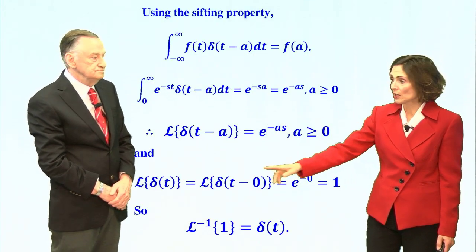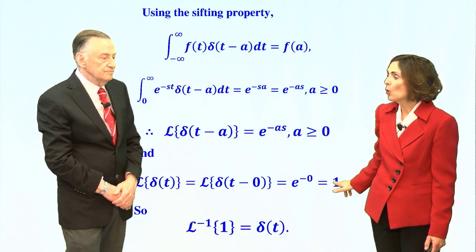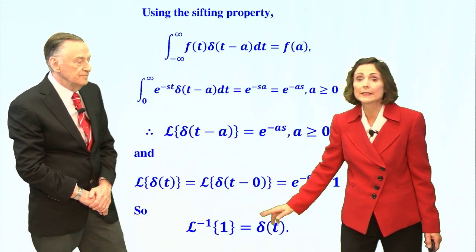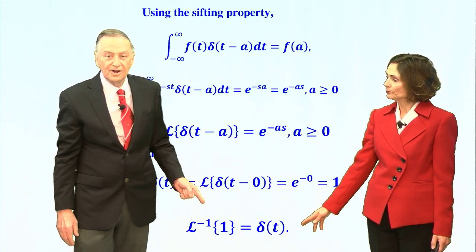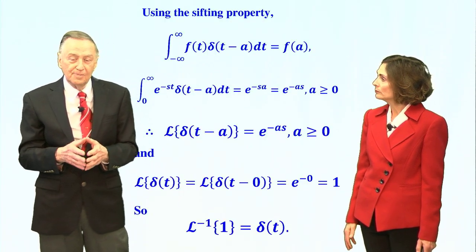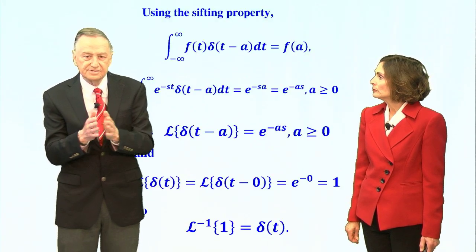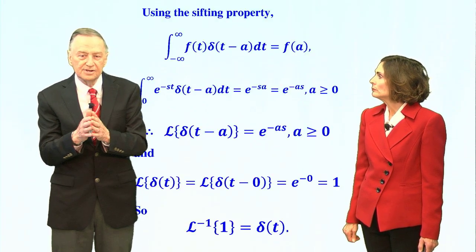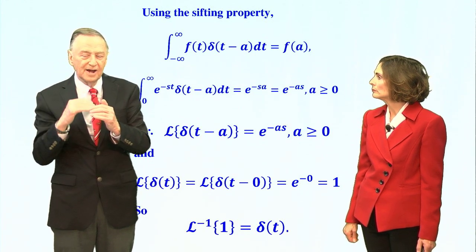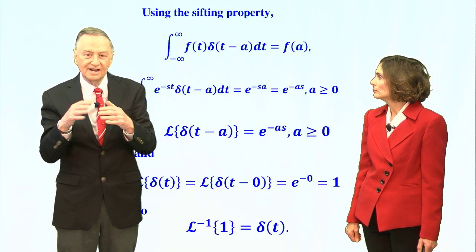If a is 0, the Laplace transform of delta of t is 1, and the inverse transform of 1 is delta of t. This is a very important relationship because up until now we've been unable to take the inverse Laplace transform of a constant. If you remember back to earlier semesters when we had calculus and we were dealing with partial fractions, if the numerator was of higher power than the denominator, you had to divide first, and you eventually got a constant out of that.